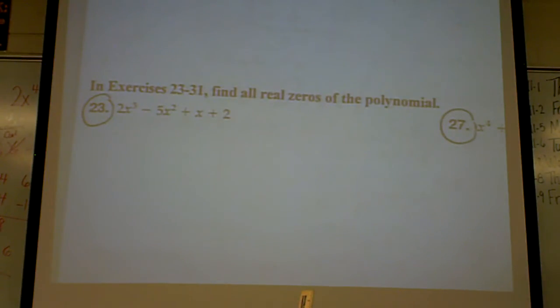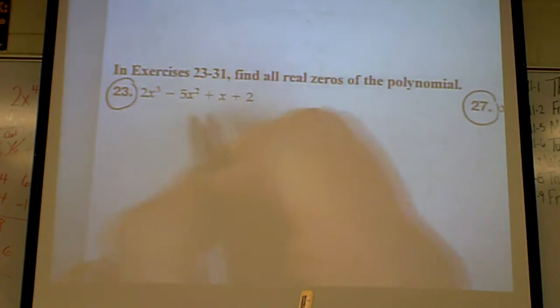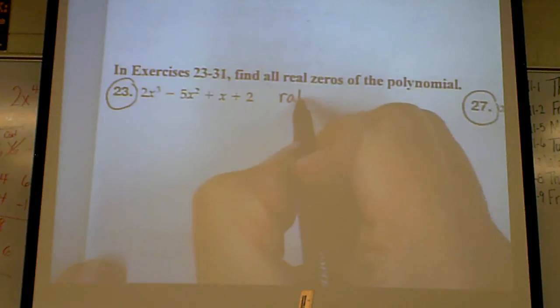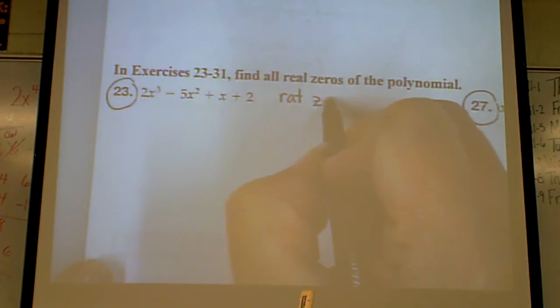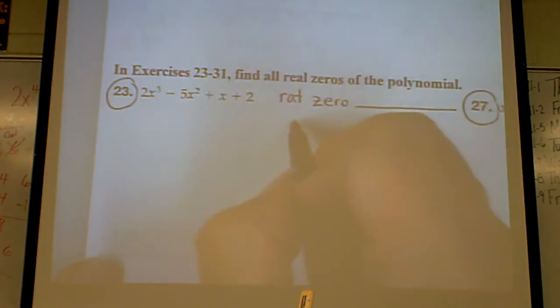Now I'm going to ask you to do three things for me on this problem. I want you to answer these questions, because this is like what you're going to see on your test. I want you to list the rational zeros, even though it says all real. I want to see if you understand the difference.